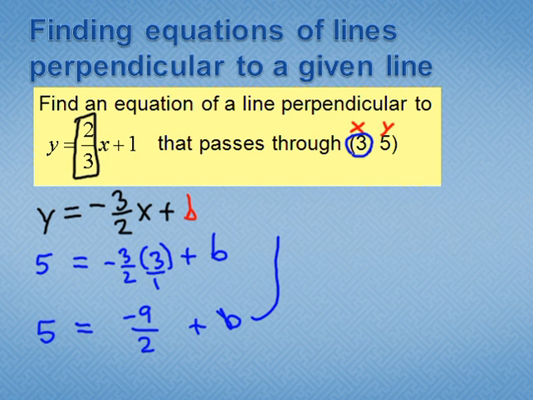Let's bring our work up here. So we got 5 equals, now instead of writing it as -9/2, -9 divided by 2 is -4.5, so I'll put -4.5 here, and then plus b. And to finish solving for b, we need to add 4.5 to both sides of the equation.